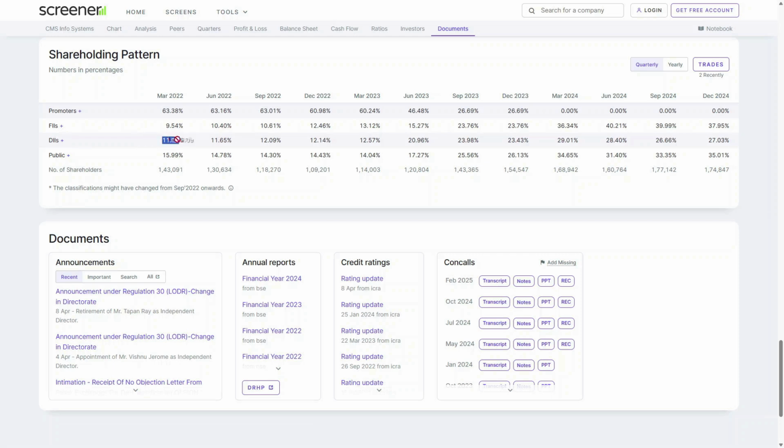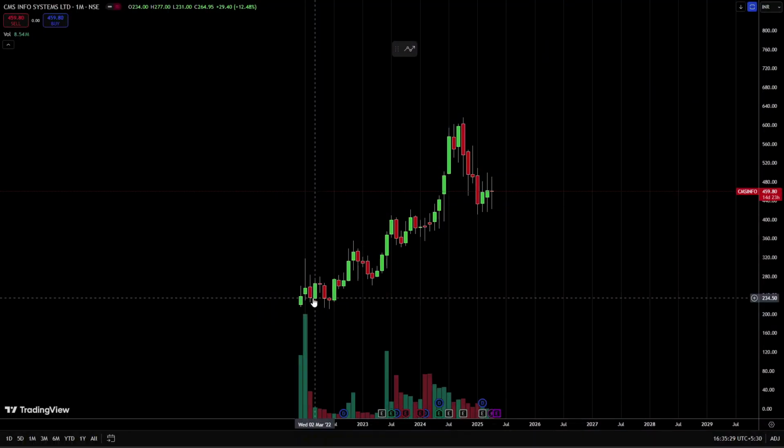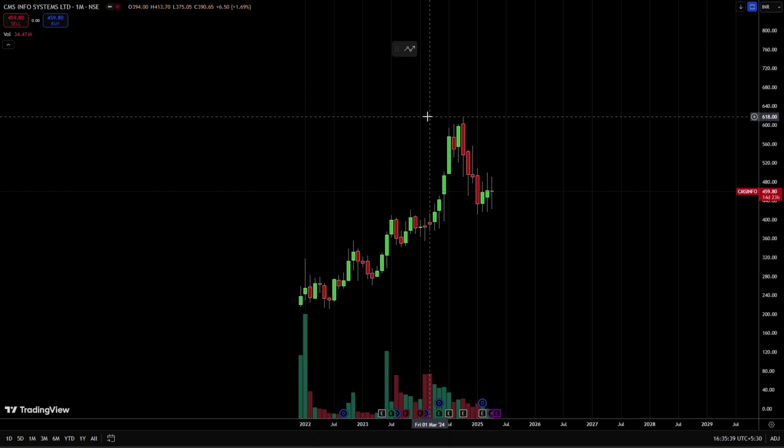So it was 11% in March 2022, and by December 2024 it reached up to 27.03%. So if you look at how much the prices have increased, it's a clear indication that these FIIs are increasing their stakes. Because of this, the share price has increased from 230 levels to 600 levels.